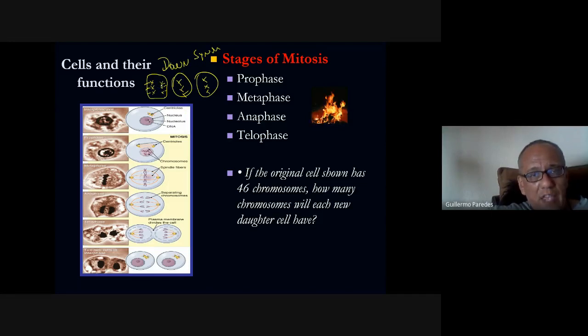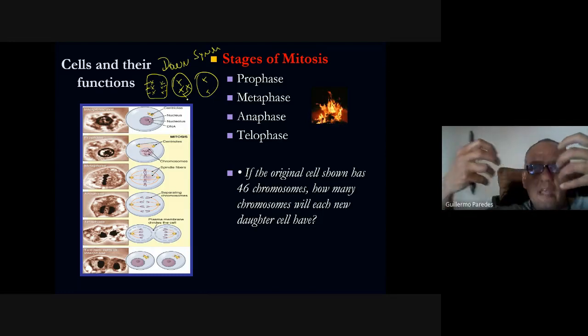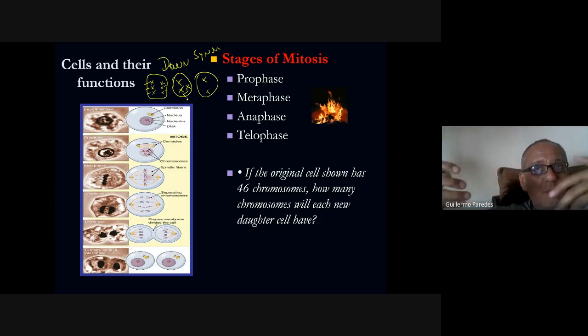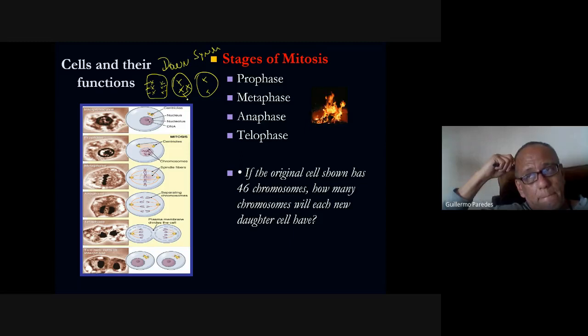When they pull the cells to either side, one side is going to have an extra chromosome and the other side a missing chromosome. So instead of pulling an equal number of chromosomes to each side, they pull an extra chromosome to one side. You okay with that? Yes. All right, and that is going to happen in the anaphase.